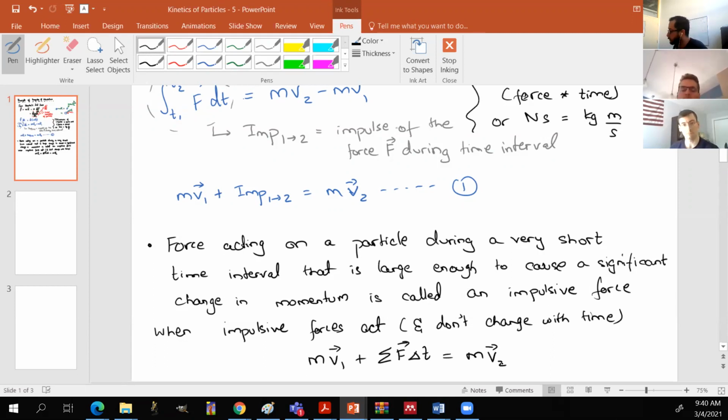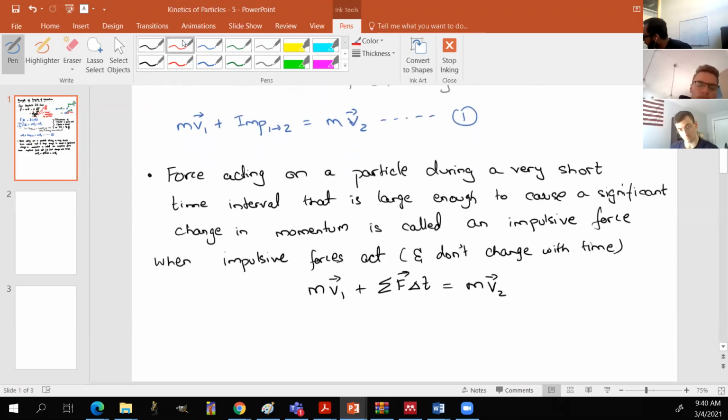So these are impulsive forces. Non-impulsive forces are forces for which the impulse is very, very small and can be neglected.